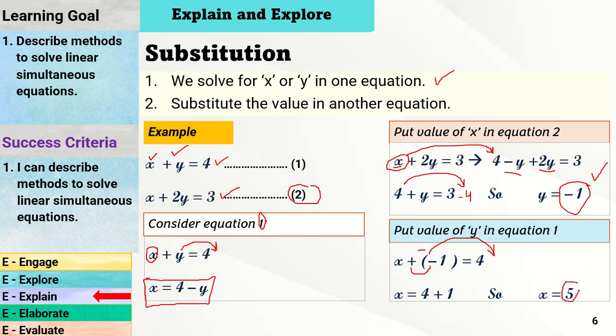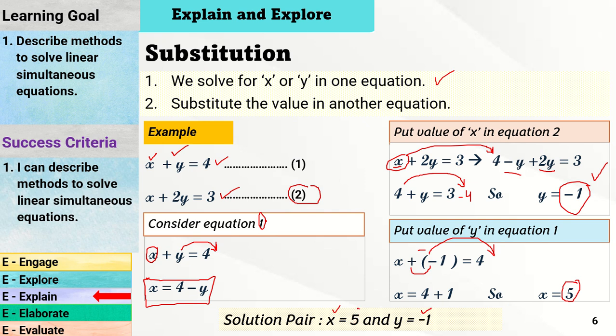Now I have two values, one for x and one for y. We call it the solution set, or solution pair. So a solution pair means the value of x and the value of y.